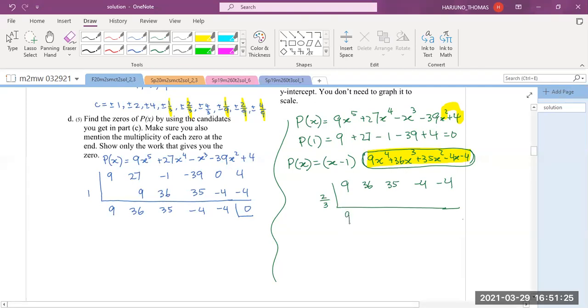This is 9 times 2/3: 9 divided by 3 is 3, times 2 is 6. 42 divided by 3 is 14, times 2 is 28. This will be 63 divided by 3, 21. 21 times 2 is 42.